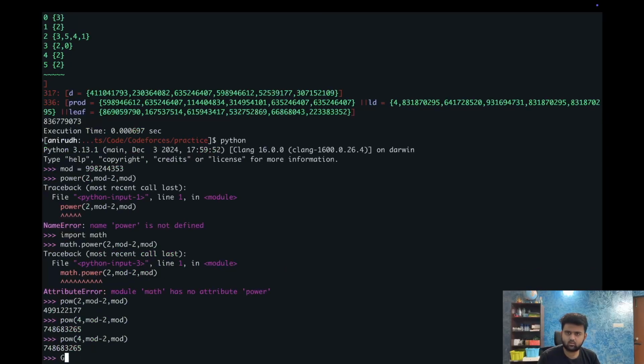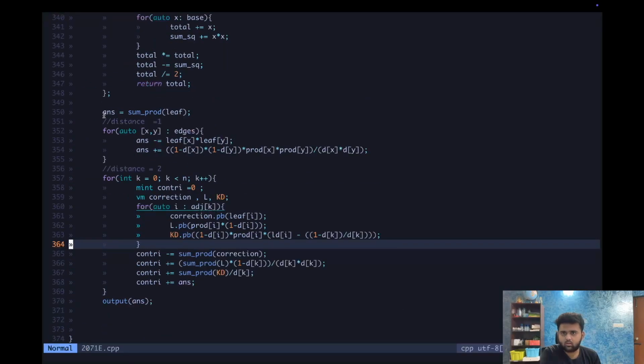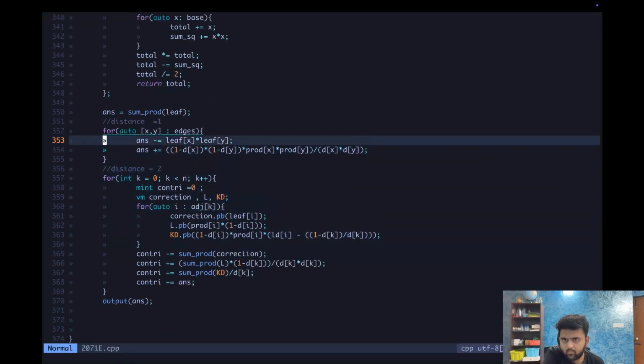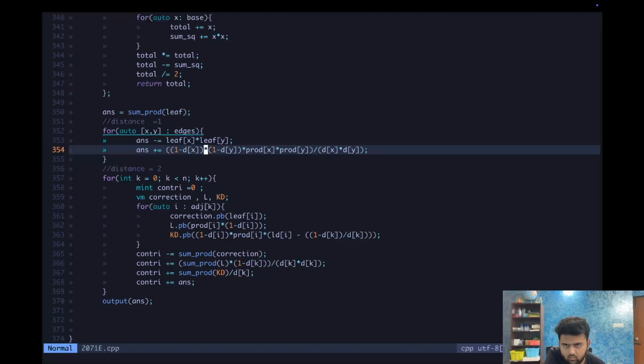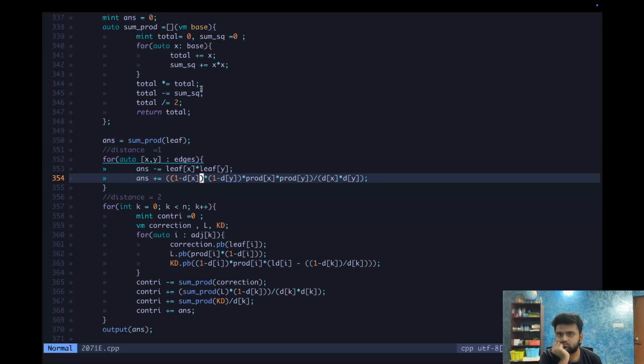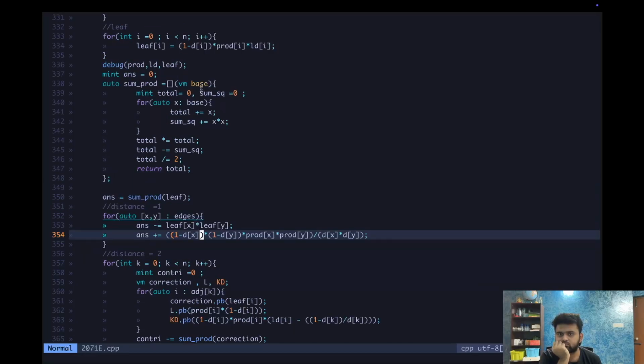So all this is correct. Then where's the mistake? So I remove here and I get this 1 minus dx times 1 minus dy times products times prod y by dx times di, and the correction terms, this is correct, right?